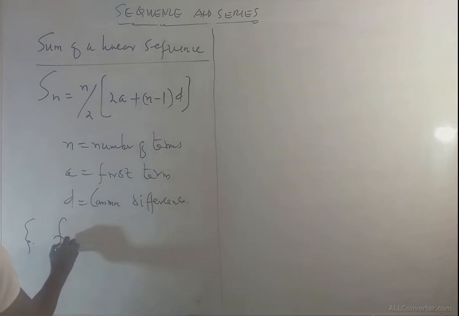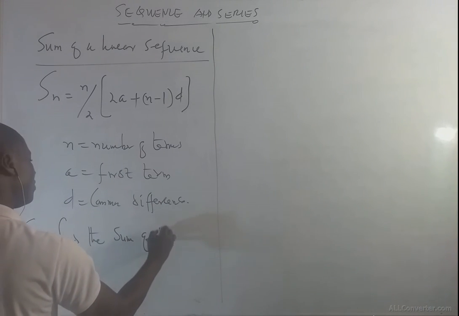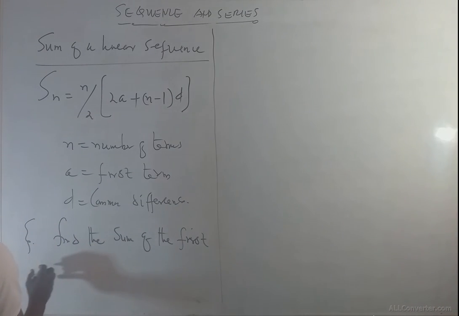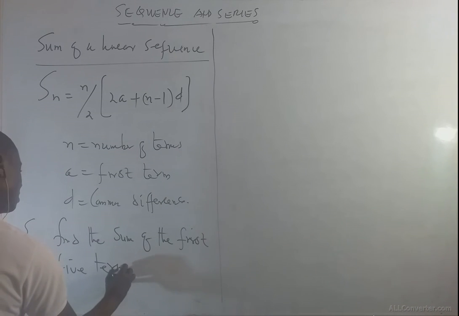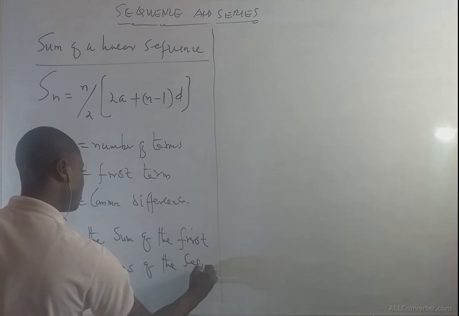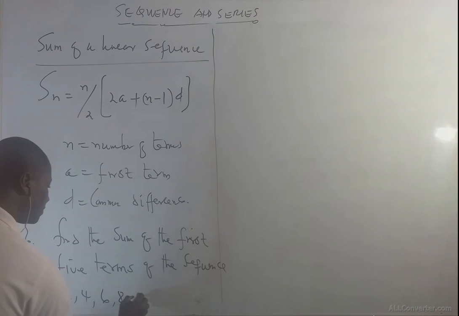Let's assume that we have to find the sum of the first 5 terms of the sequence 2, 4, 6, 8.